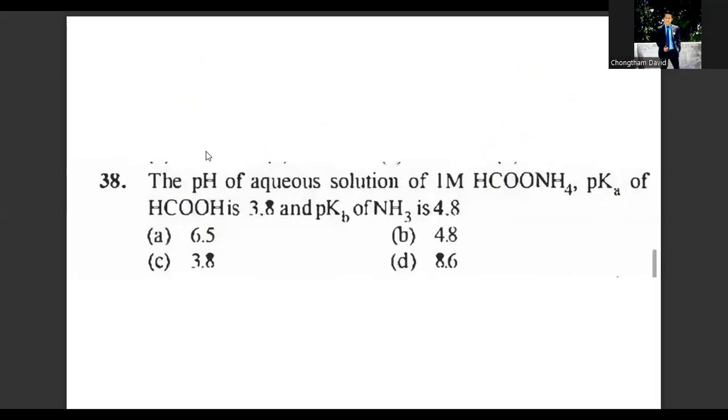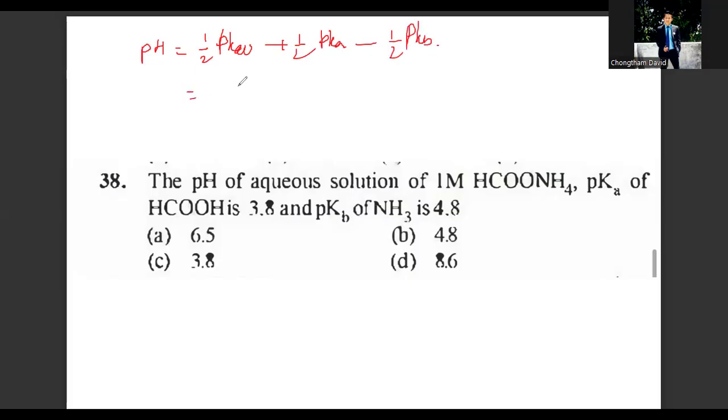Question number 38. The pH of an aqueous solution of 1 molar ammonium acetate; the pKa of acetic acid is 3.8 and the dissociation constant of the base, pKb of ammonia, is 4.8. Now you have to find the pH of the aqueous solution, right? This ammonium acetate is a salt of a weak acid and a weak base. So what is the formula you have to use to calculate pH? It is half pKw, the negative logarithm of the ionic product of water, plus half pKa of the acid, minus half pKb of the base, right?